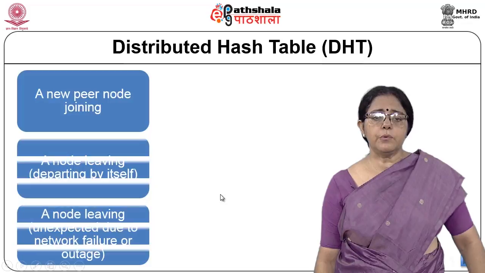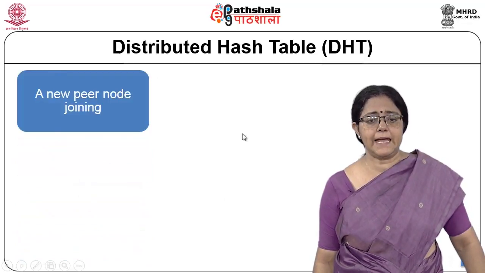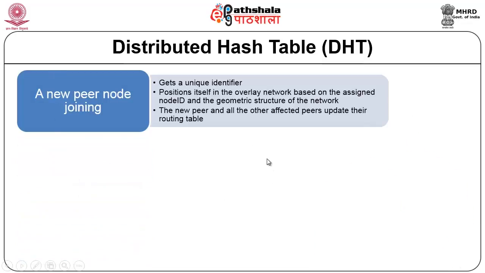So, how P2P manages that is this: when a new peer node joins, first of all we assign a new identifier for that node. Say this identifier space has 10 possible nodes.